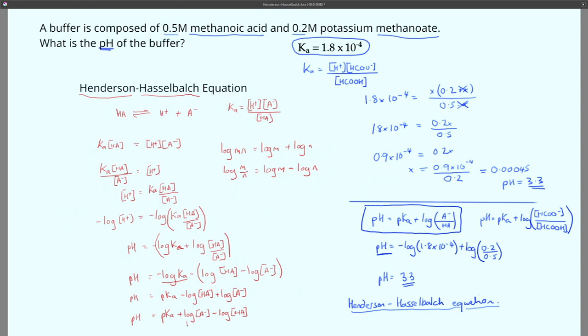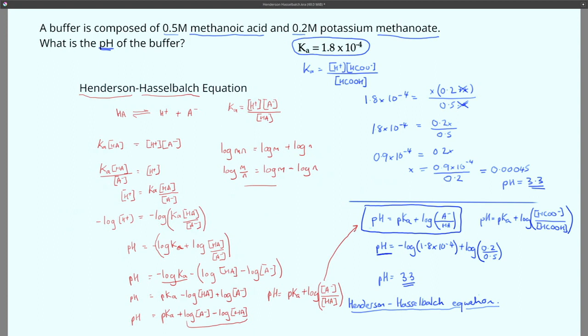But we've now got this bit here, which using this rule at the bottom, we can turn back into, you guessed it, pH equals pKa plus the log of A minus over HA. I'll put that in brackets to make it clearer, and look at that, we've got the same as this.